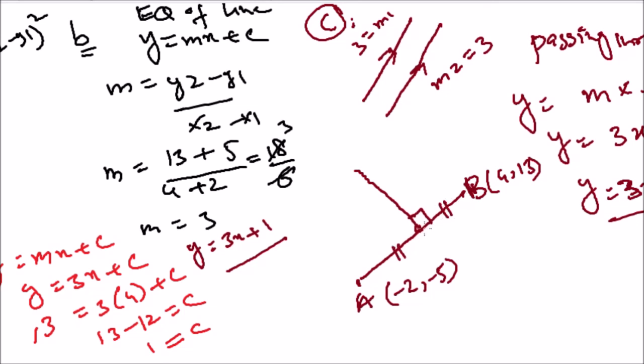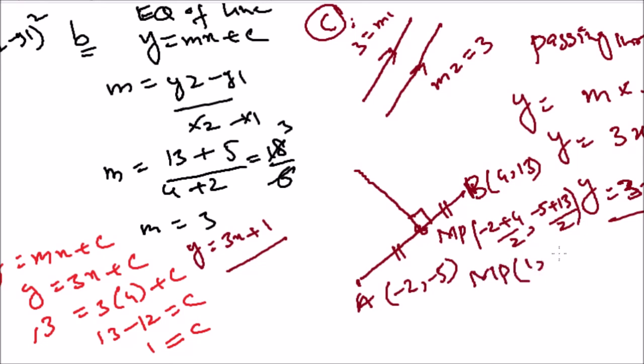So now this midpoint is required. So the midpoint is minus 2 plus 4 over 2 and minus 5 plus 13 over 2. So the midpoint becomes 1 and 8 over 2, which is 4. That's the midpoint.